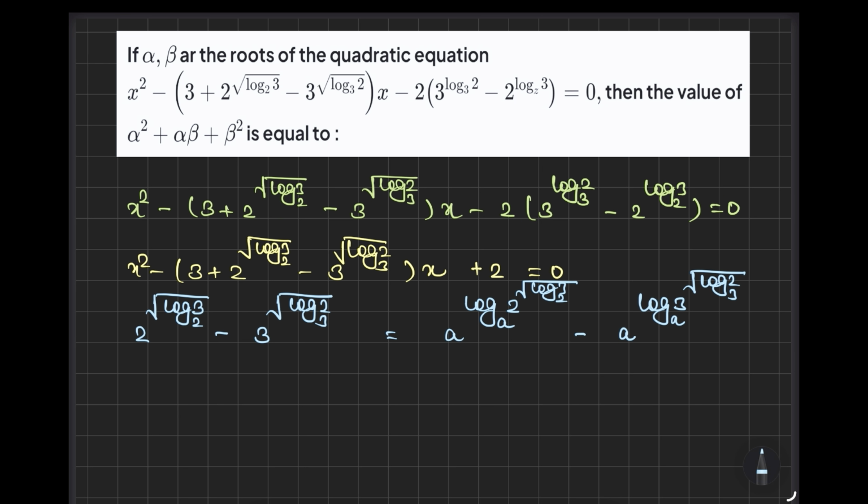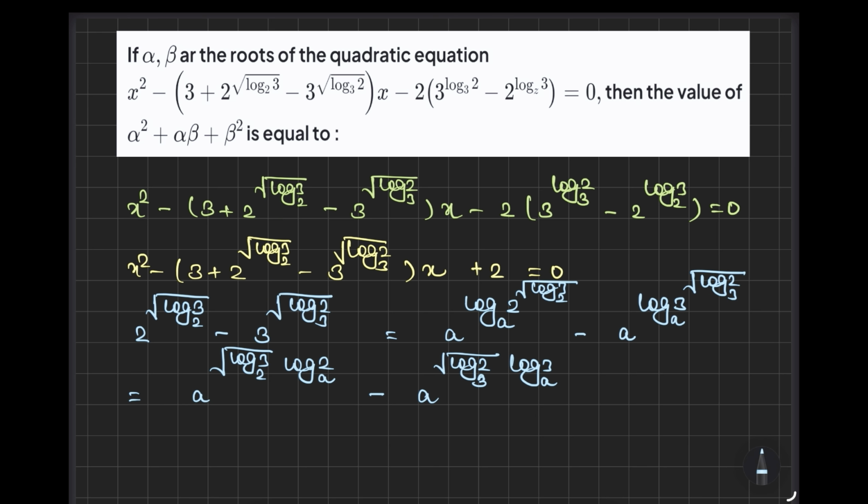Now you know that if anything is in the power of the argument, it will come as a coefficient. So can I write a to the power root over log 3 base 2 times log 2 base a. Same we will do with this part as well: log 2 base 3, and then log 3 base a.